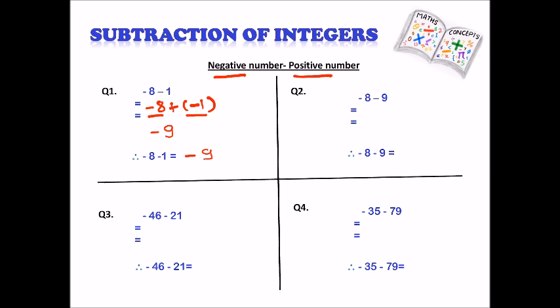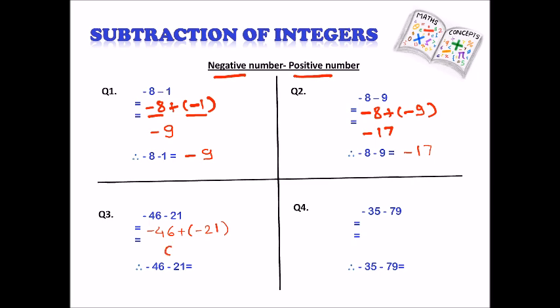Okay, minus 8 minus 9 becomes minus 8 plus minus 9. Again apply the rule, add absolute values and give negative sign to the answer. Minus 46 minus 21 becomes minus 46 plus minus 21.